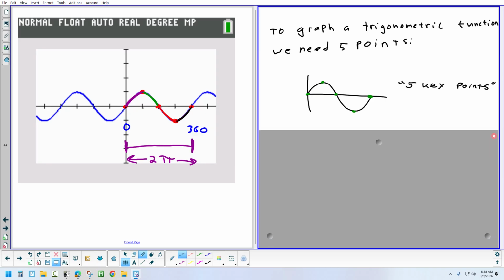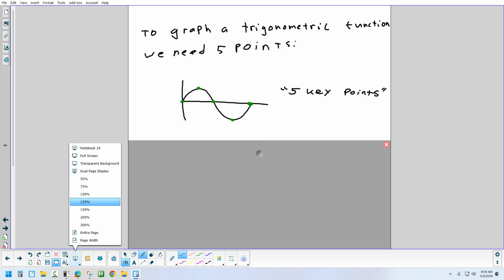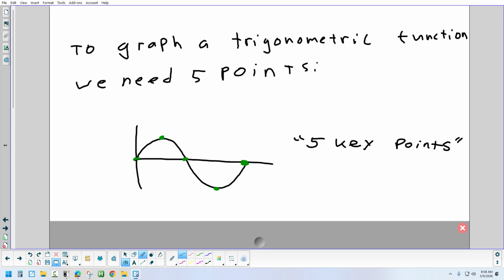Let me label those, except I'm going to do it in radians. So this is 0. This right here would be pi over 2. That's pi. 3 pi over 2. And 2 pi.